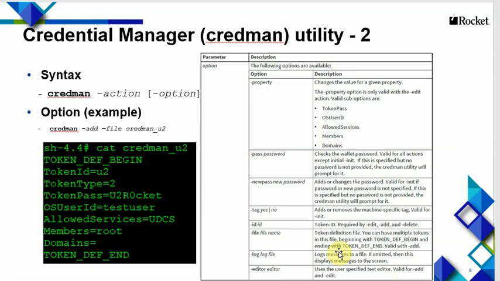You can create a file, just running the cred command with minus add minus file and give it a file name. Here is an example to create a token ID called U2. That's the token password, not the OS password, and you want to map it to your particular OS username. And for the allowed service, you can set UDCS or UDSERVER, or you can set UDCS, UDSERVER. So you can have multiple service settings.